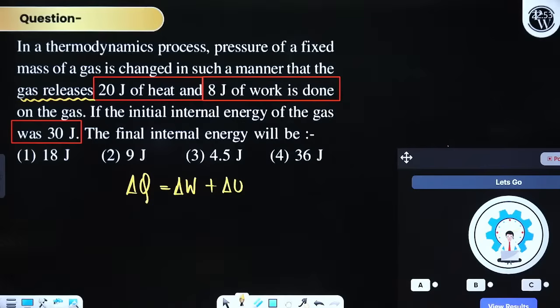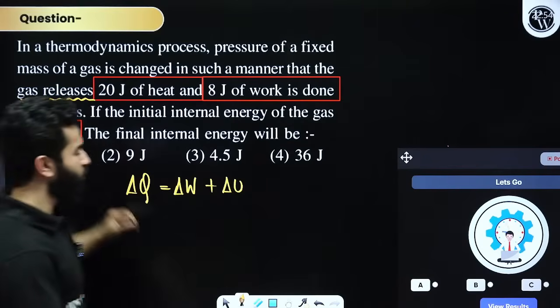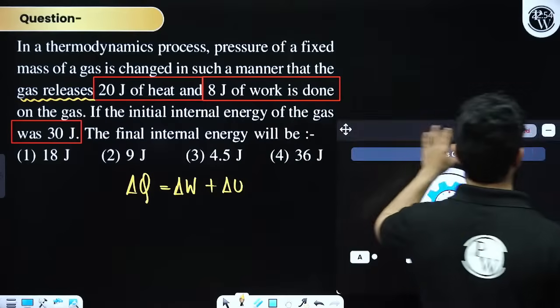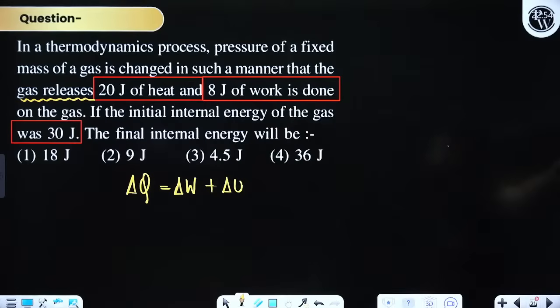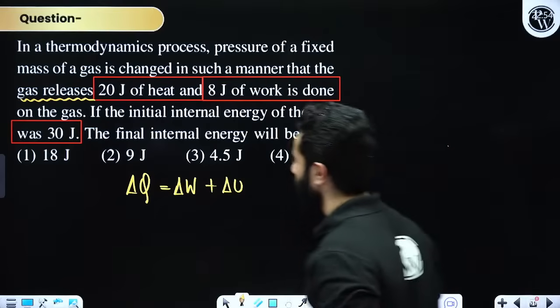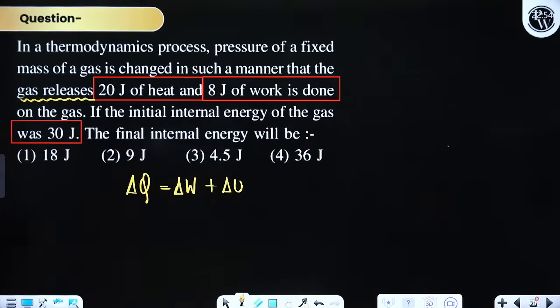The gas is releasing heat, so that is absolutely fine. Initial energy was 30. I don't think there's any trouble in our concept. What do you think? I have checked the options, there is no misprinting.